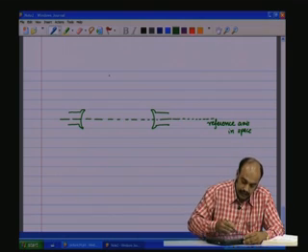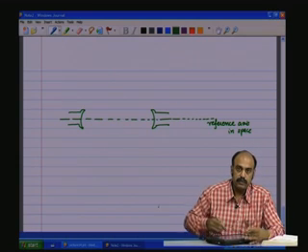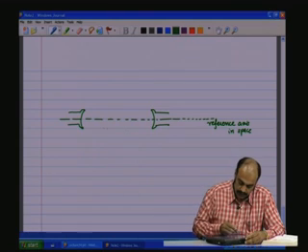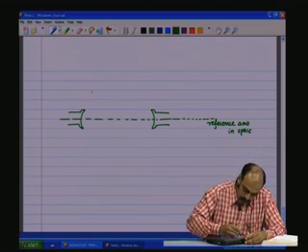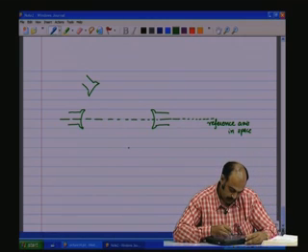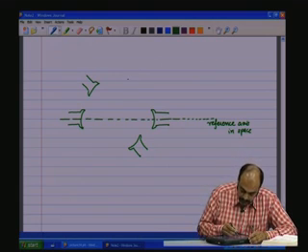Then let us have another pole set which is 120 degrees displaced with respect to it. So, let me have one more set of pole which is like that, and one more which is 120 degrees displaced, which is of this nature.